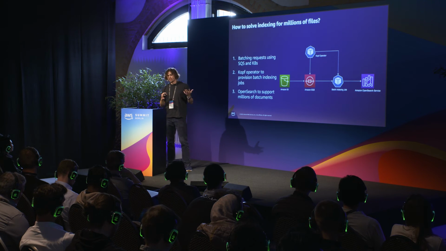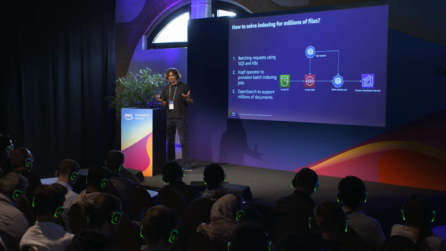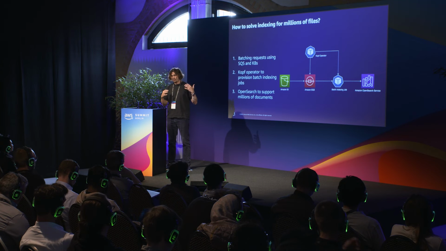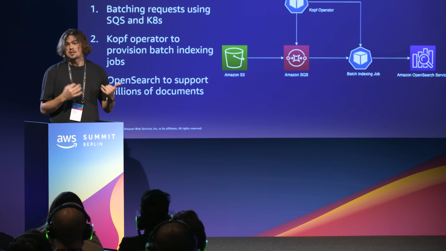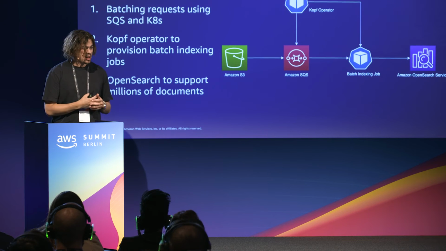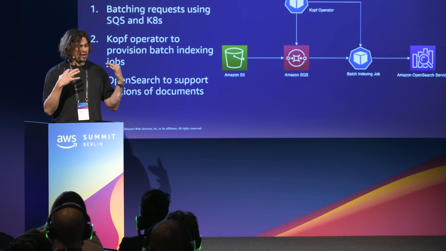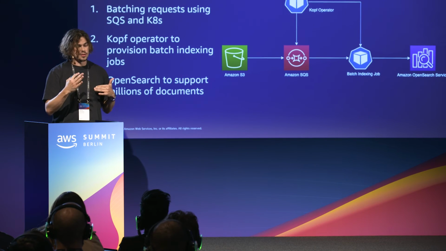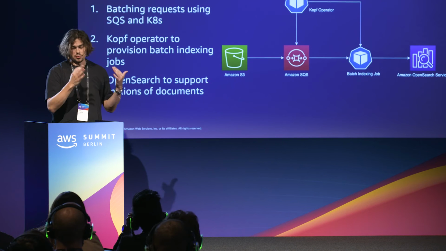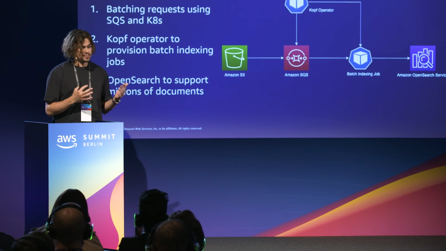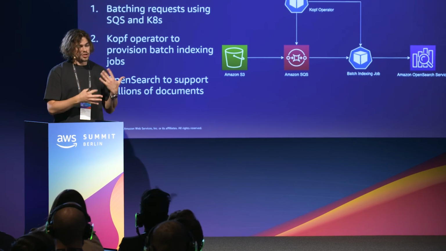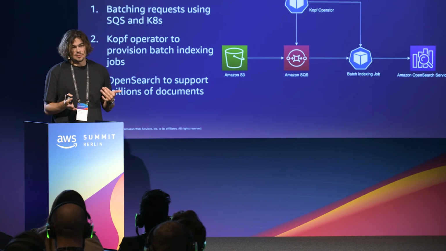In order to build this system, you're going to need a few components. Some of them are from AWS, some of them are from Kubernetes. If you are uploading files to AWS, most probably they're going to end up in S3. Later, for batching, you can use different streaming systems.